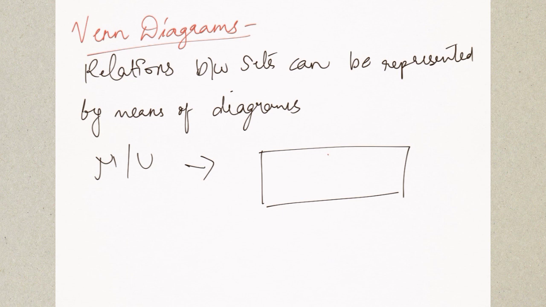So if you want to show subsets, you should put circles in that particular universal set. In that particular rectangle you will be putting these circles. Understood? The elements of the sets are written in the respective circle. In that only I should write the respective elements. Now I'll give you an example so that you'll understand very clearly.